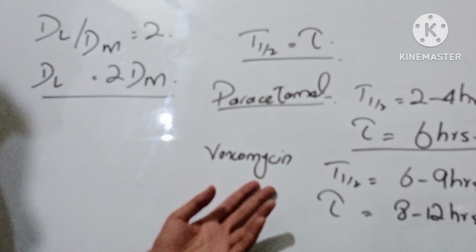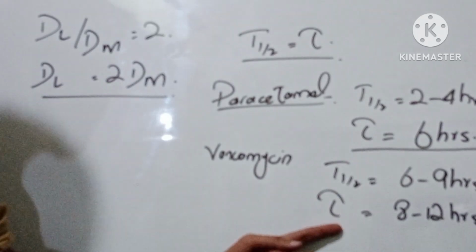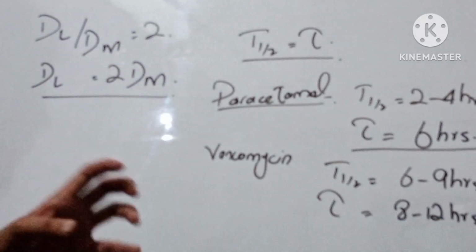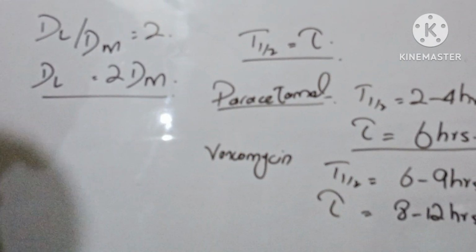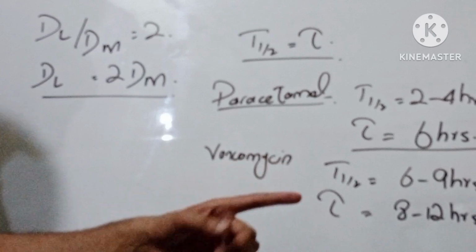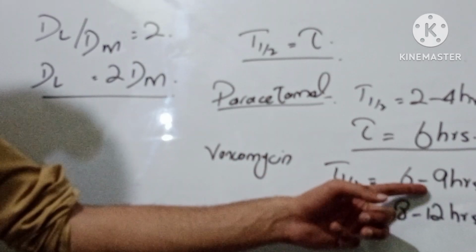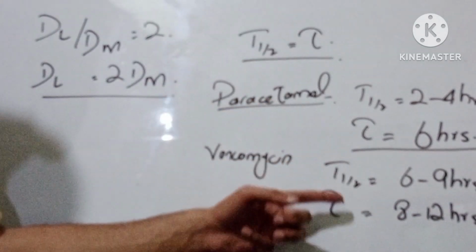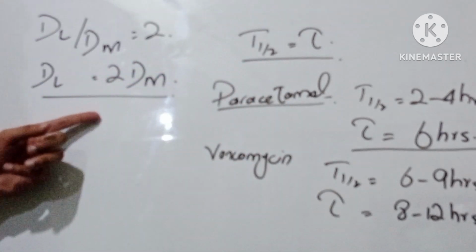But in case of vancomycin, half-life is 6 to 9 hours and its dosing interval tau is 8 to 12 hours. So these two times are about the same. When we make t half and tau the same, for example 8 hours half-life and 8 hours dosing interval, we can put t half and tau of vancomycin equal and we get this result.